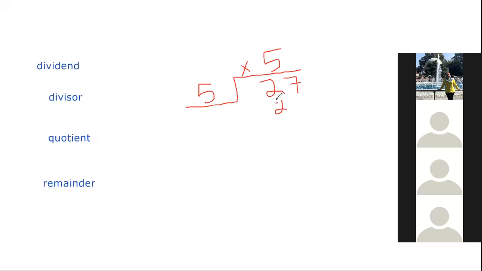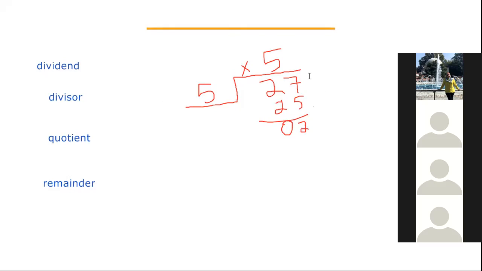When I'm explaining, please just pay attention. 27 minus 25 is 2. Then 2 minus 2 is 0.